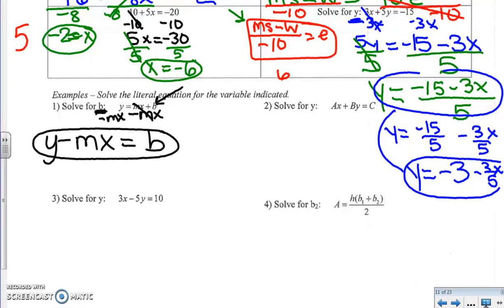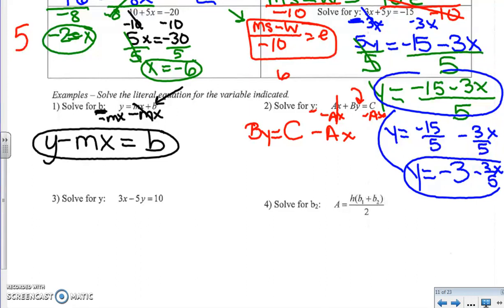For example 2, our goal is going to be to get y by itself. So let's move ax away from the by first. Since the ax is positive, we're going to subtract it from both sides, canceling it from the left, leaving by, and then it's going to have to stay c minus ax because those are not like terms.